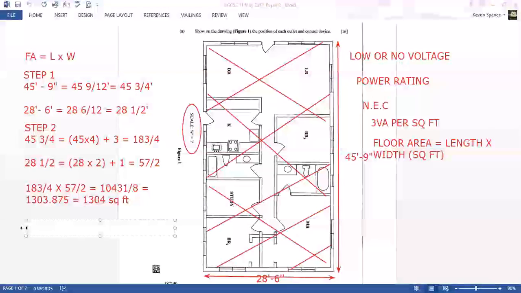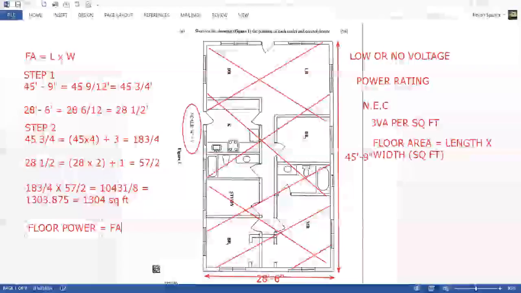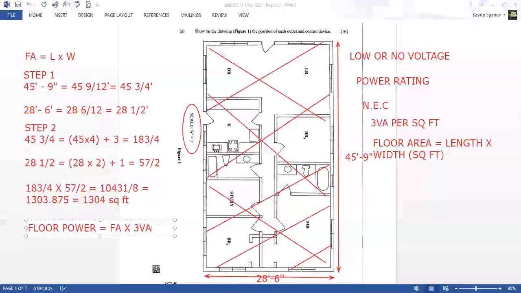To calculate now the floor power is simple, which means floor area times 3 VA, which is our constant value.